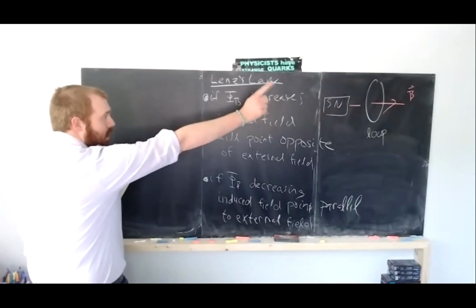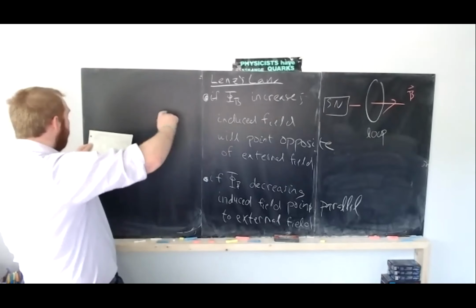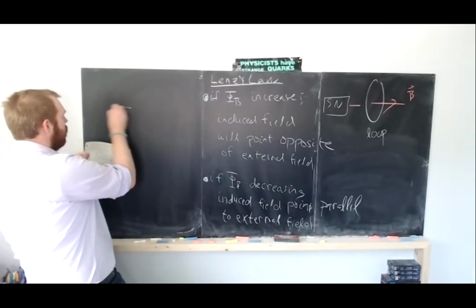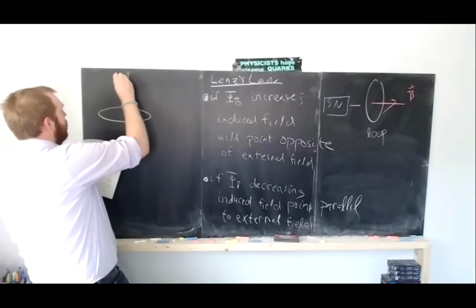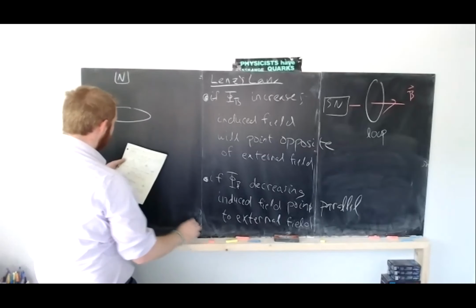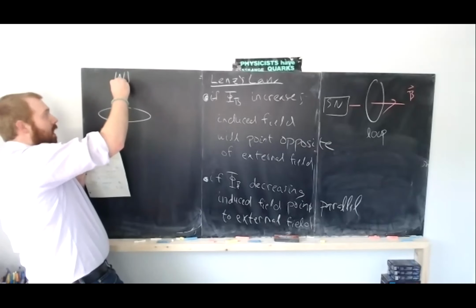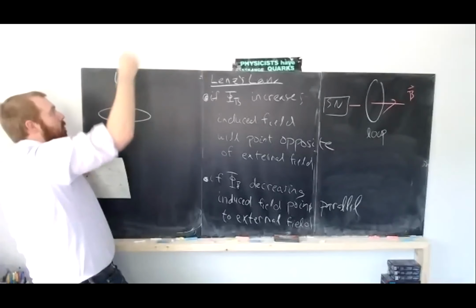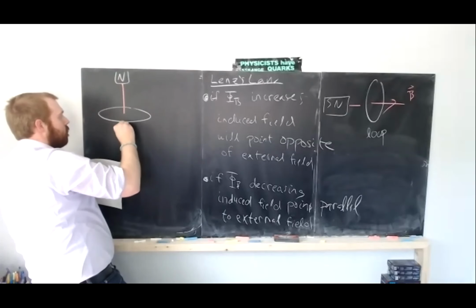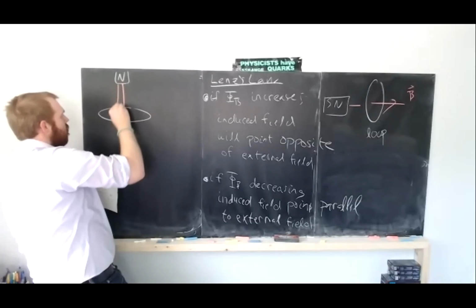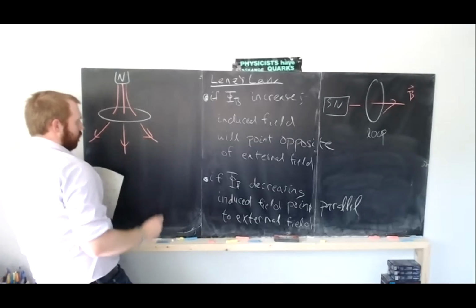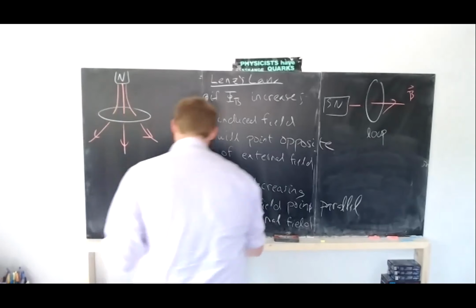So I'm going to redraw that one of the magnet moving. I'm just going to rotate a little bit. So let's go for this case. Here's my loop. And I'm just going to draw just the north end of the magnet. And the magnetic field in the north end leaves the North Pole and comes back around towards the south. So it's going to be a picture like this. All right.